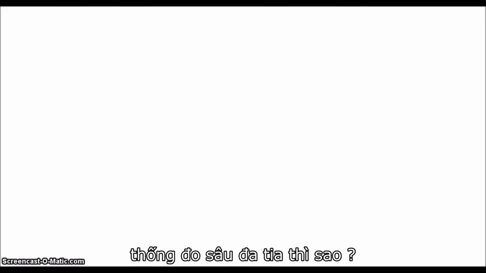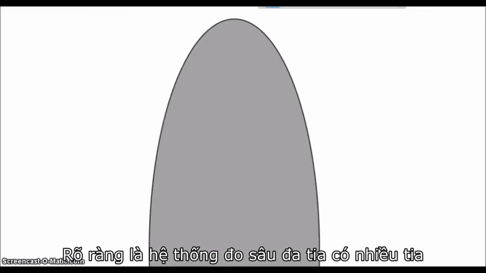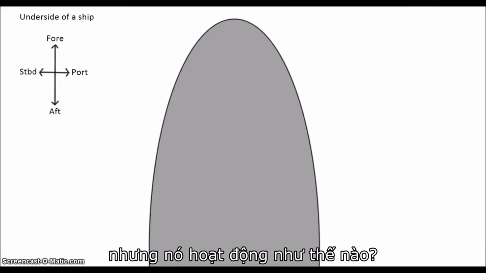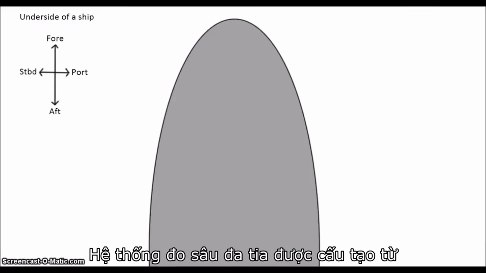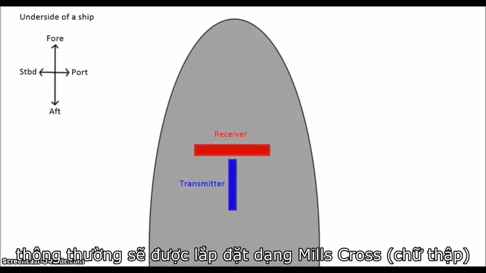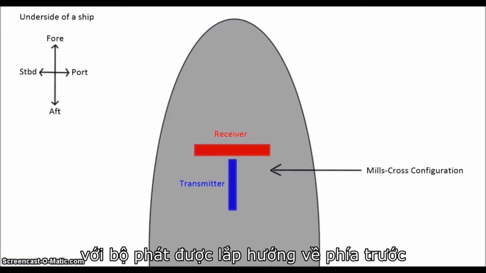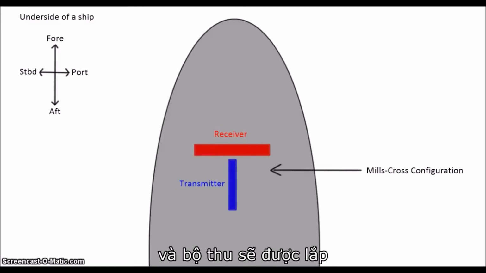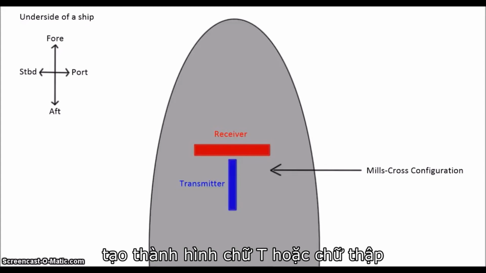But what about multi-beam sonar? I mean, clearly multi-beam has multiple beams, but how are they formed? Well, multi-beam sonars are composed of a transmitter and a receiver. They are generally in a Mills-Cross arrangement, where the transmitter is pointed fore-aft, and the receiver is oriented across track, forming a sort of T or cross.